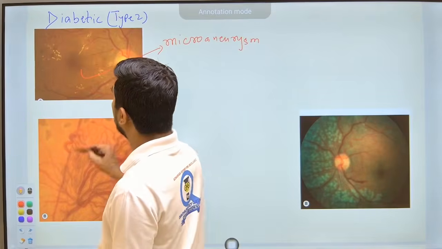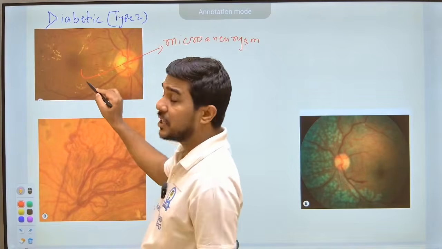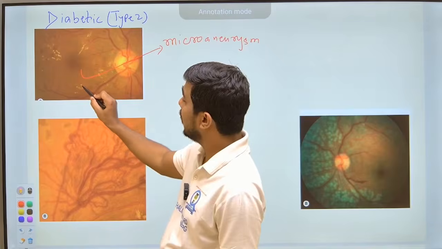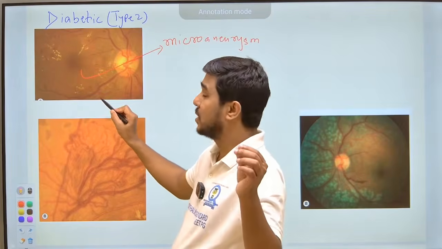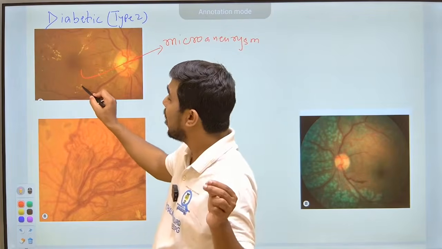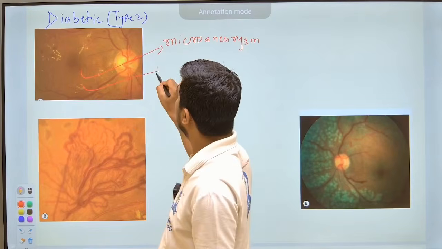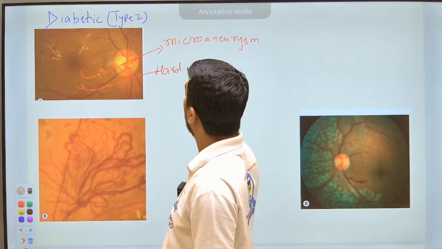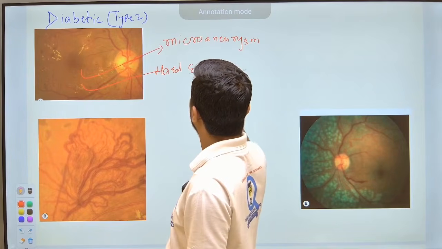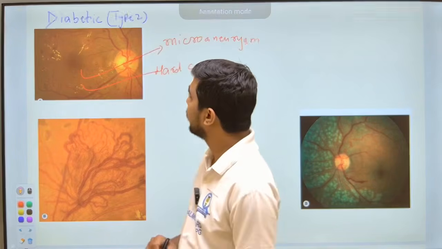This sharp crystalline, dark yellow, bright lesion with a very sharp, well-defined margin is nothing but hard exudate, right?